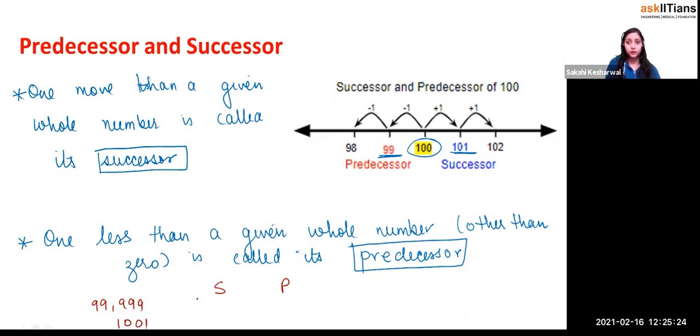It will be 1 lakh, right? Yes or no? And the predecessor will be 99,998, right? And the successor of 1001 will be 1002, and this will be 1000. That is your predecessor, right? Just one before and one later, right? So I'll just be writing these remarks for you.